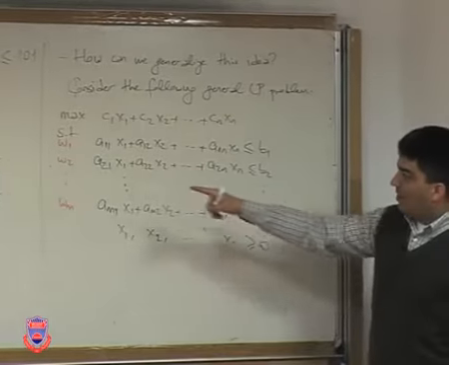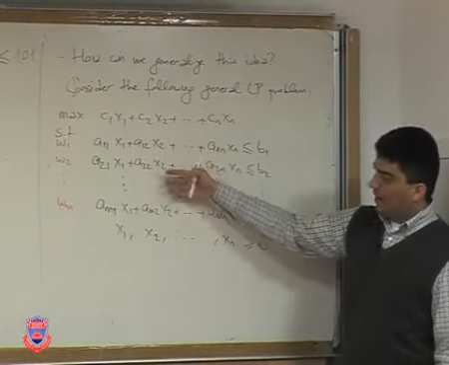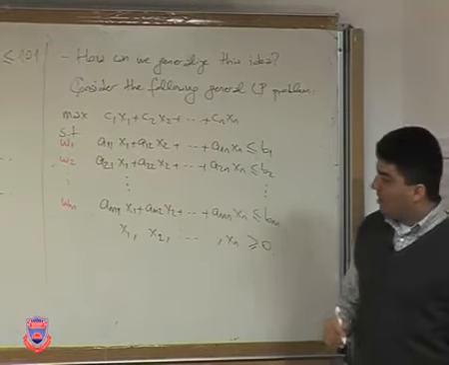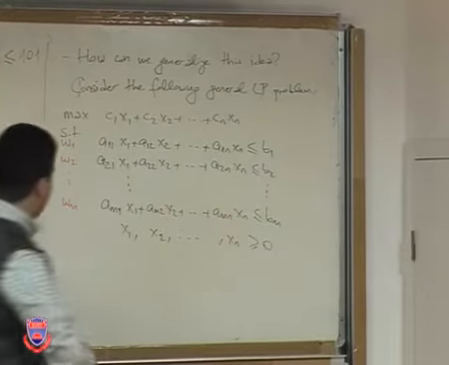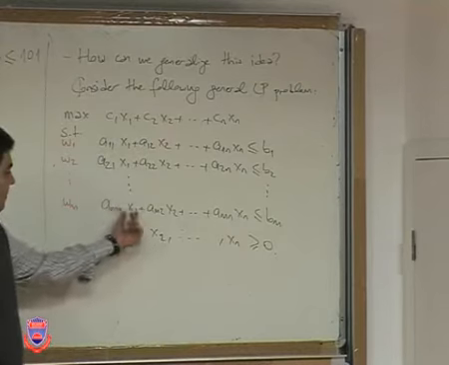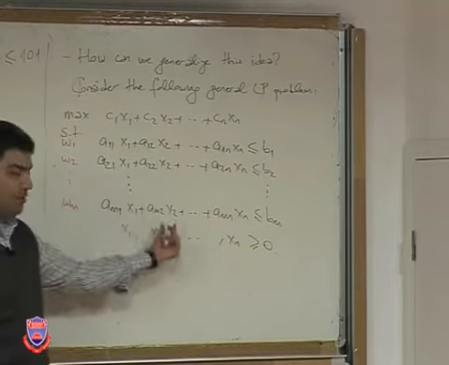As I said, I multiply each constraint by the corresponding multiplier and add them up. If I add them up, I can write it in this way: x1 will have a certain coefficient, x2 will have a certain coefficient, and so on.